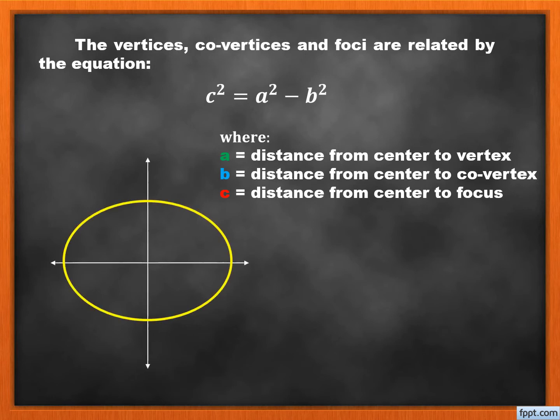If this is your ellipse, your center, one of the vertices, and one of the co-vertices, one of the foci, then this distance is represented by a, this distance is represented by b, and this distance is represented by c.